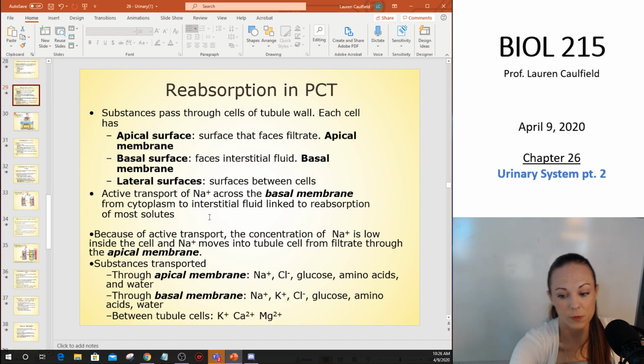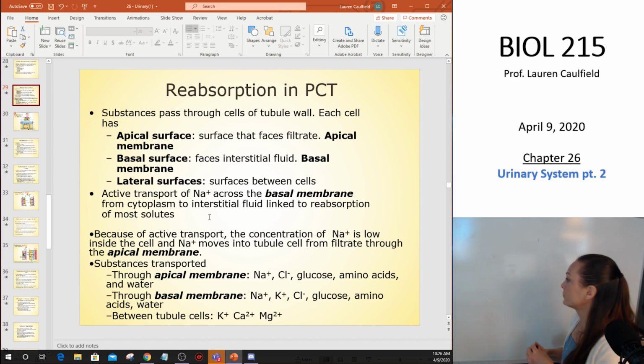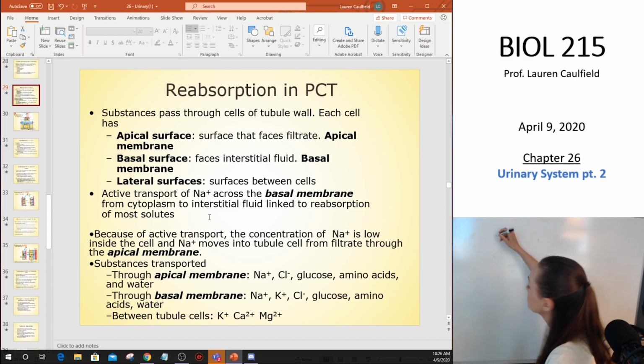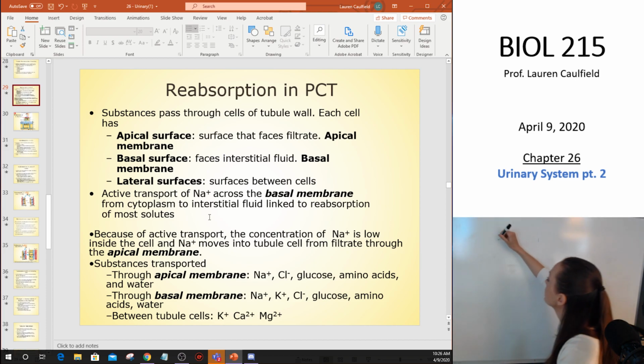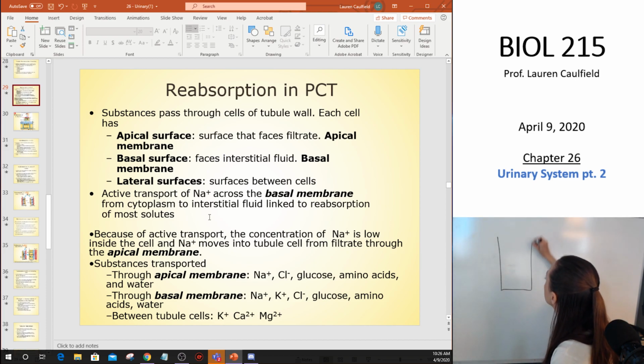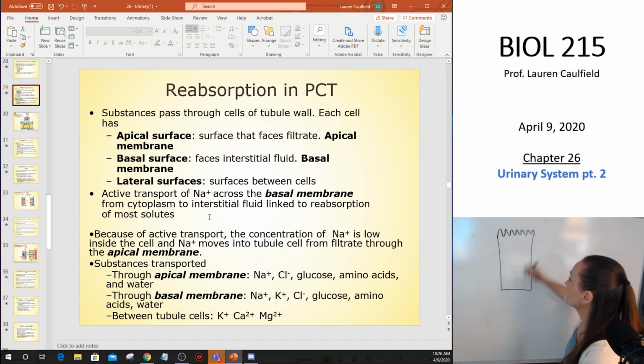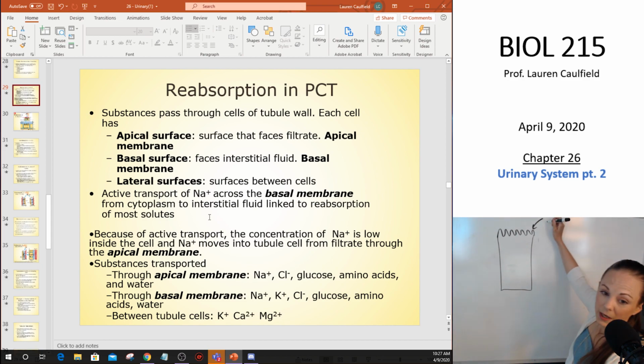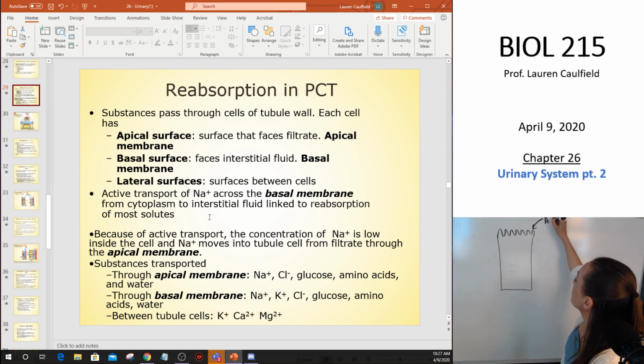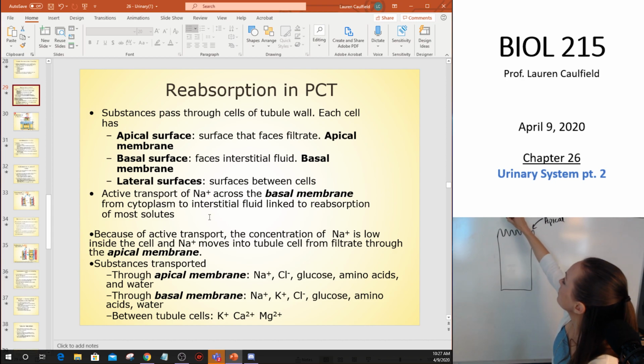And I want you guys to visualize the cell real quick, okay? Yeah, you can't see, okay. Okay, so this is our apical surface, which means that our lumen is right here.